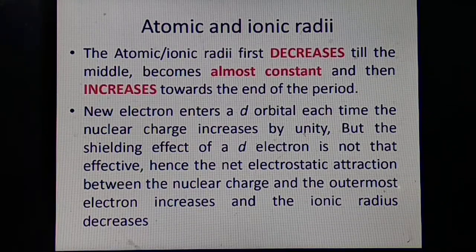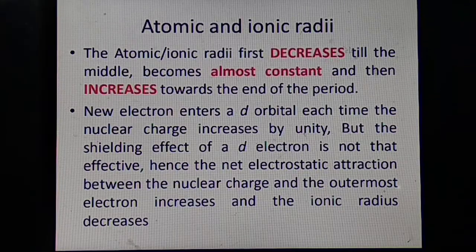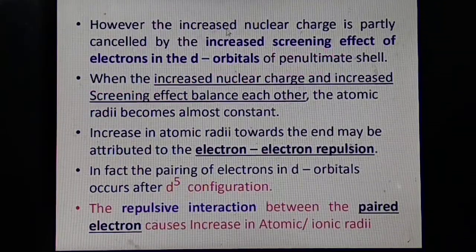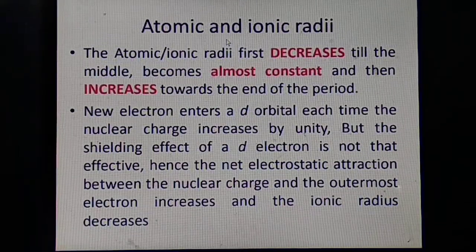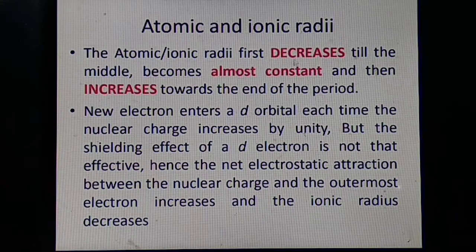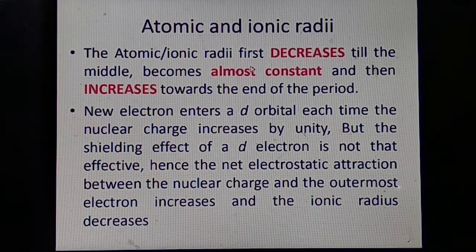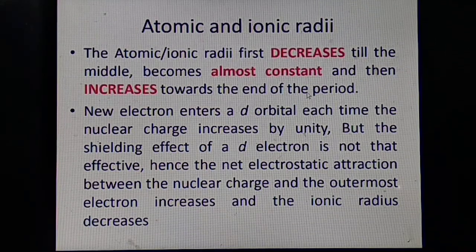Students, today I am going to discuss atomic and ionic radii. Atomic and ionic radii first decrease till the middle, then become almost constant, and then increase towards the end of the period.